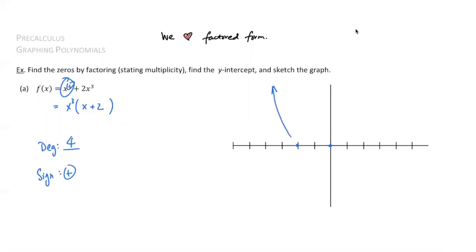And then as it approaches the first root right here on the left, which is -2, the multiplicity here is 1. So, just a regular passing through, nothing special. And it's going to turn back up right here. Is it going to bounce? No, because the multiplicity for this root of 0 is 3. The multiplicity is 3.